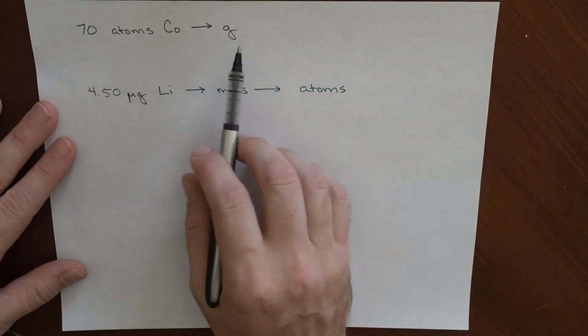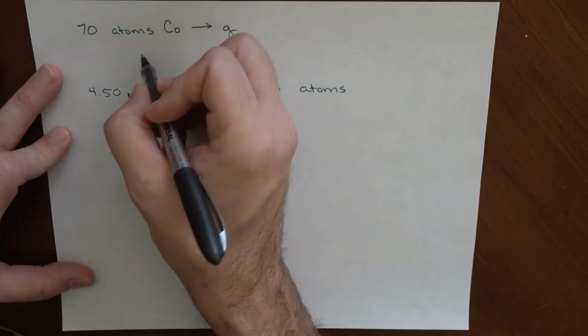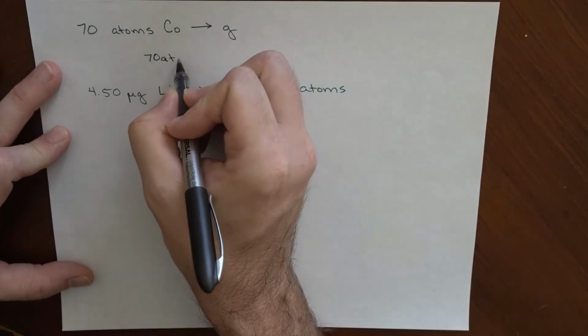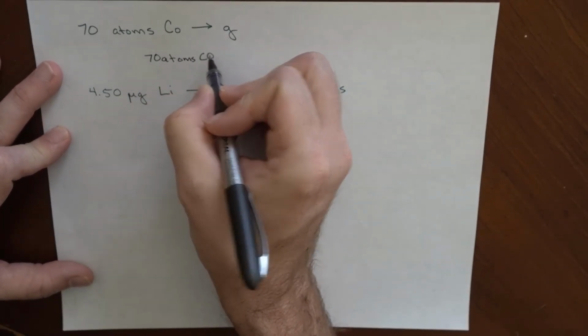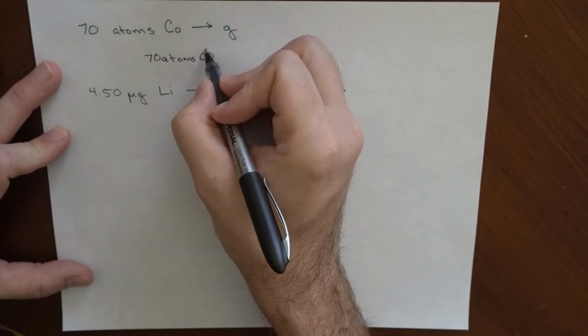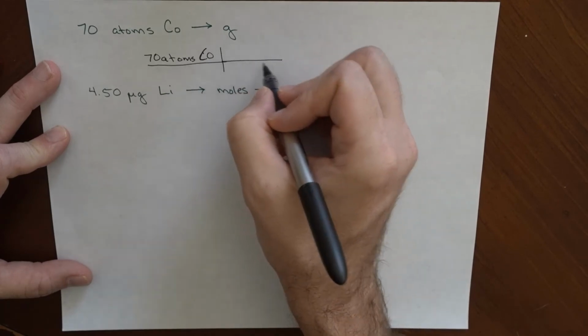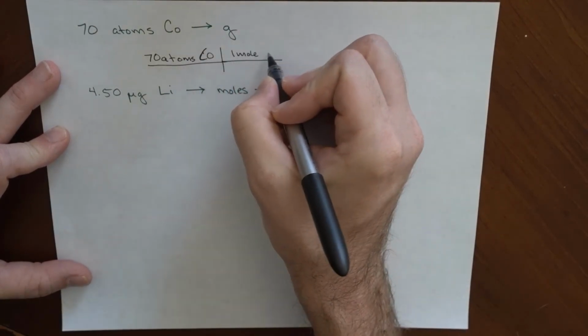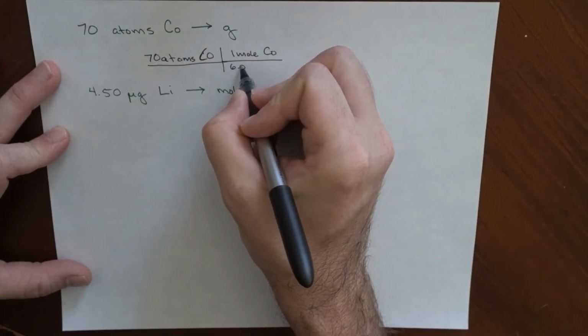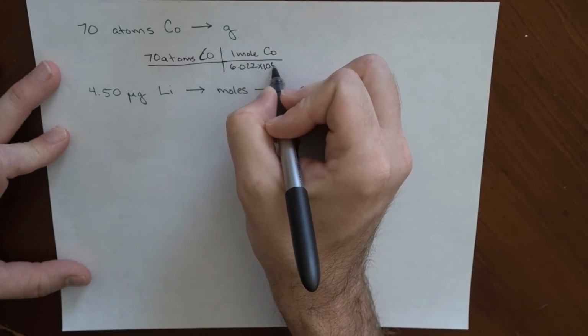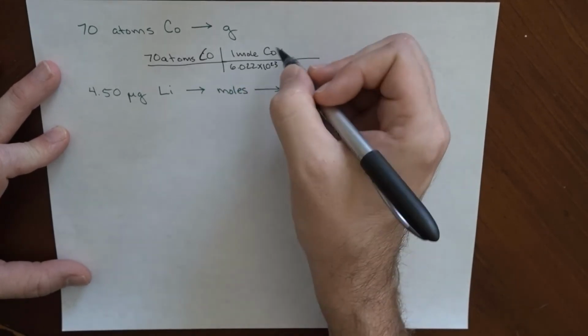70 atoms of cobalt, what does that weigh in grams? Well, not much. So 70 atoms, and I'm going to keep this to 2 significant figures, of cobalt, not carbon monoxide, cobalt. Well, I want to change that to moles. And that's how many atoms are in a mole.